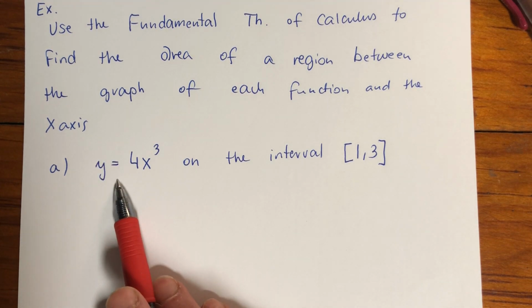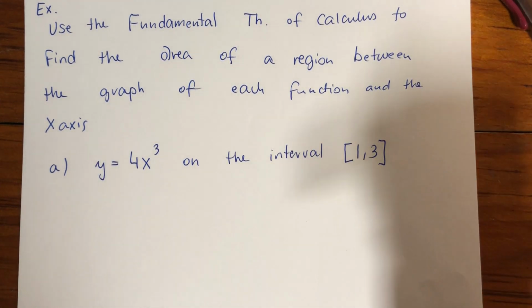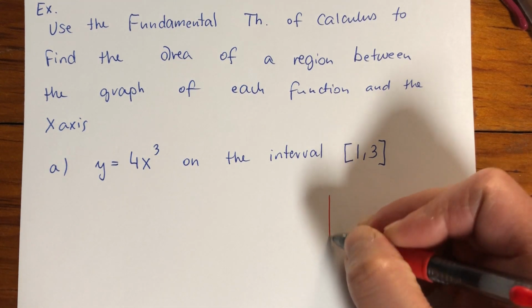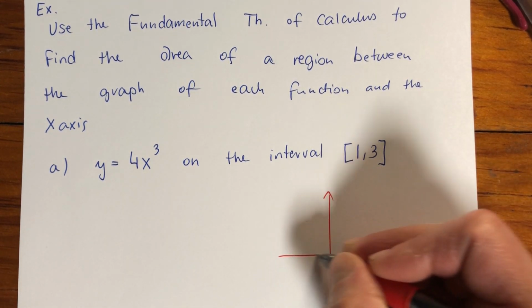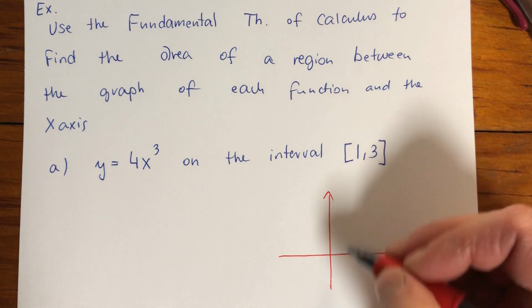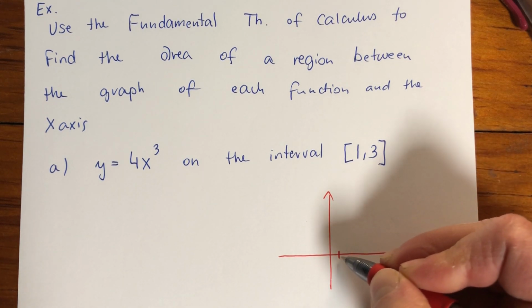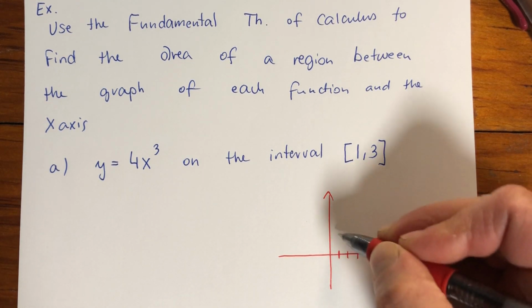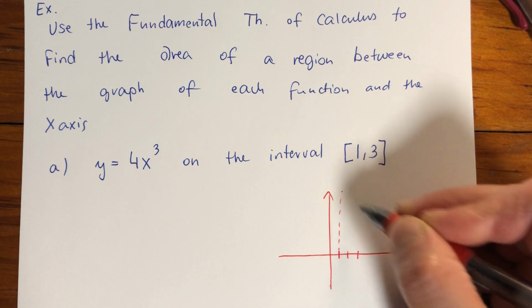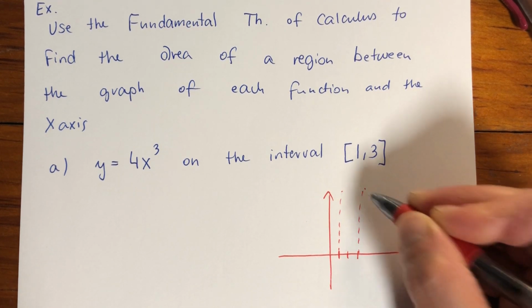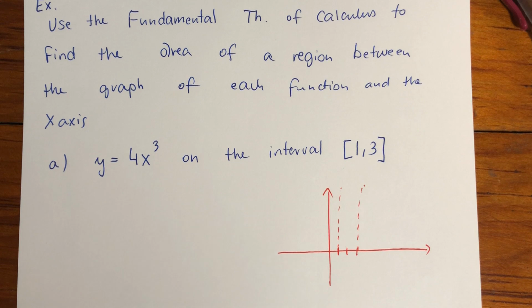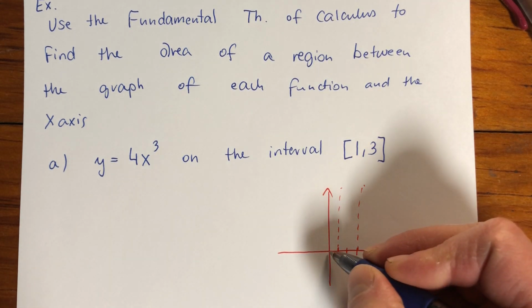So this is my function, and this is the interval. Well, if I wanted to graph something that looks like that, and again, I want you to keep in mind, I only care about 1, 2, 3. So I will only care about what is going to happen between those two numbers. And so now, what does 4x to the power of 3 look like? Well, you could use a graphing calculator, but I know that for 0, I am at 0.